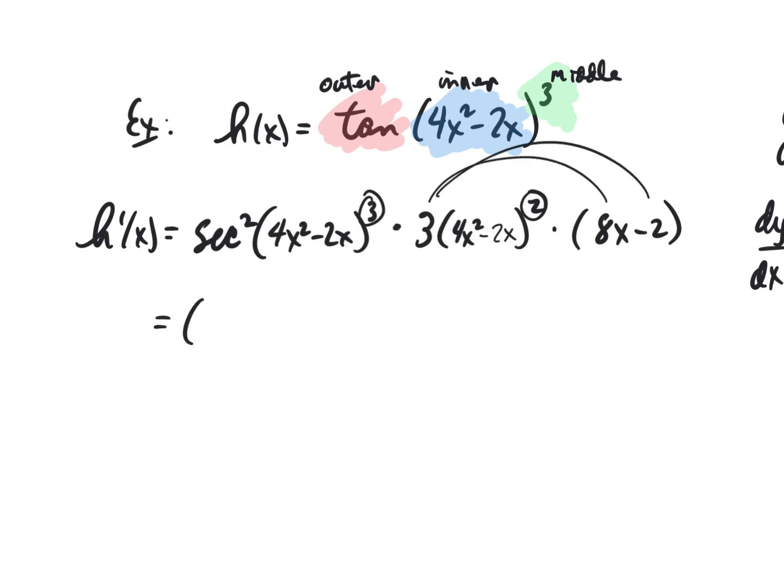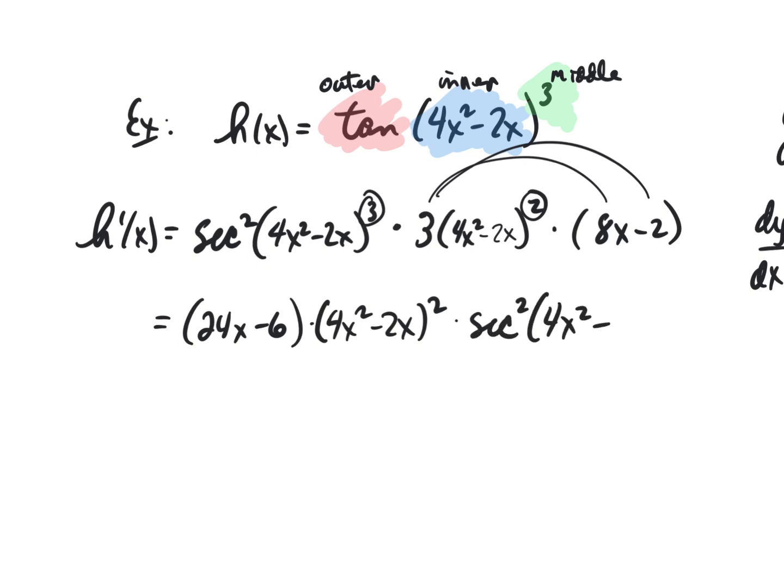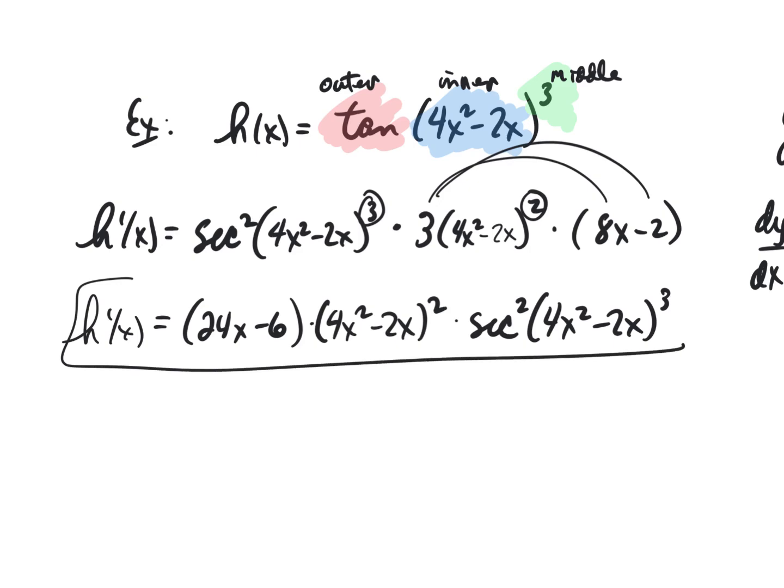So I could write 3 times 8x, 3 times negative 2. Other than that, though, and that's not very important that you do that, it's not worth FOILing and multiplying everything else. Other than we should write the secant at the end, right? And that would be our derivative.